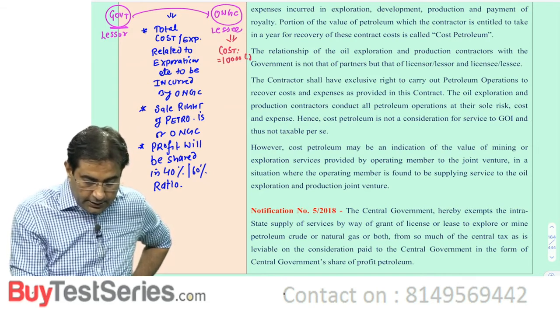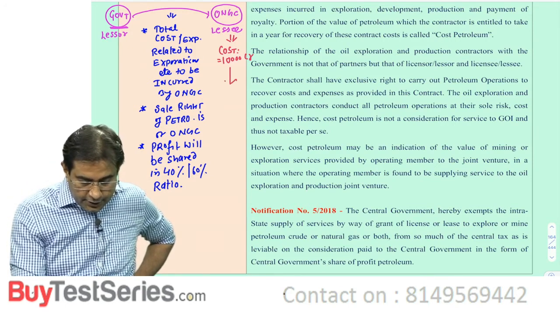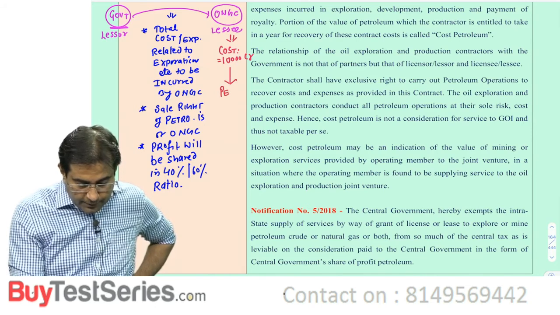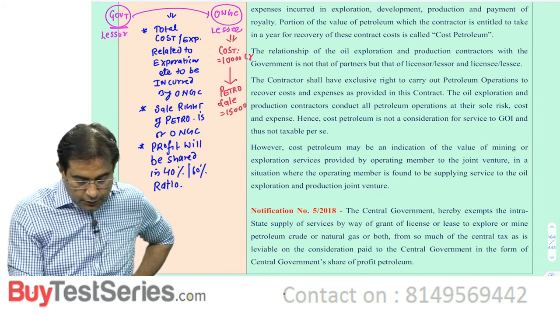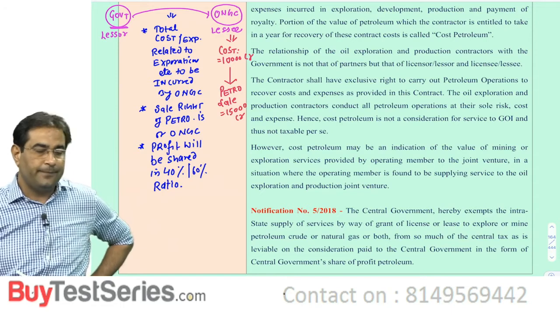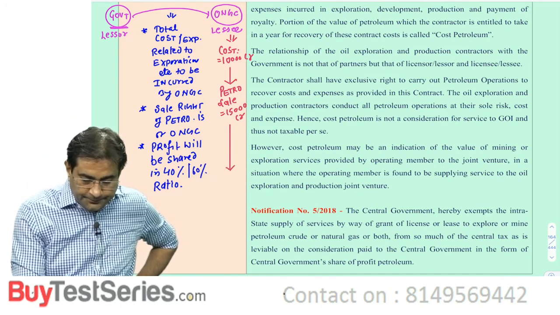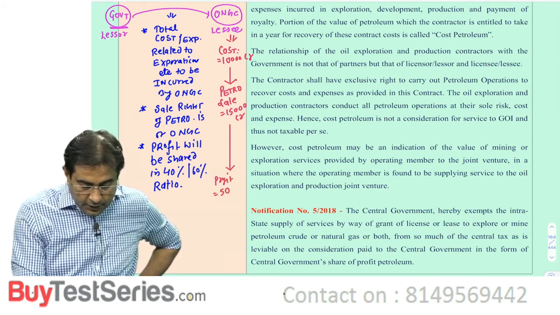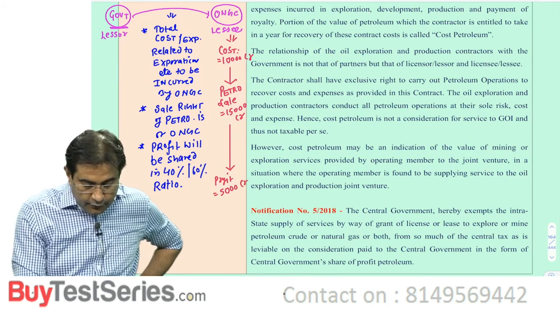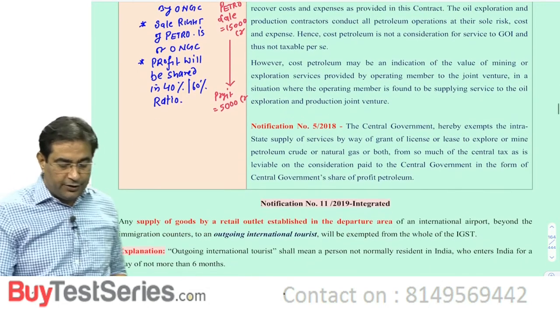After incurring the cost, the crude petroleum is sold by ONGC, and the petroleum sale price is 15,000 crore rupees. Accordingly, the profit component would be 5,000 crore, which would be shared between ONGC and the Government of India.